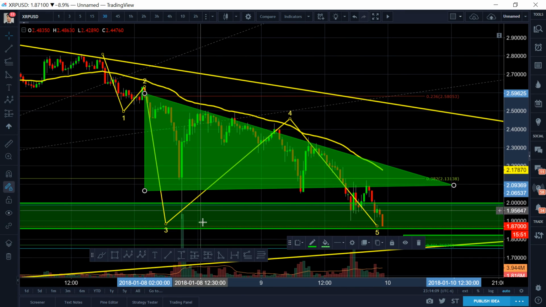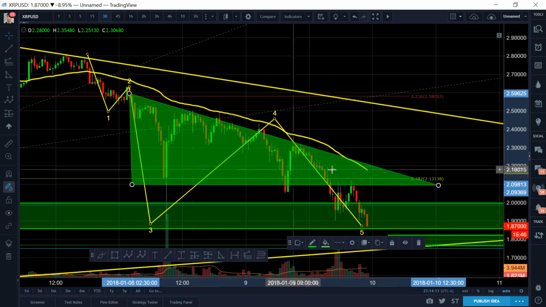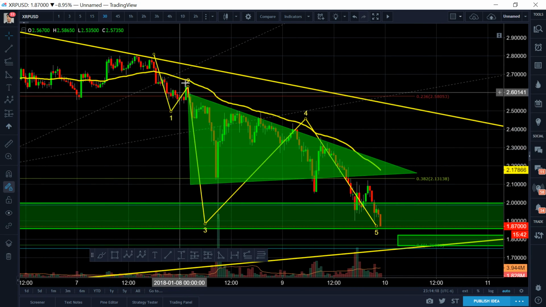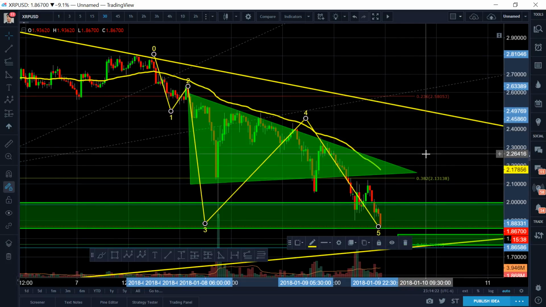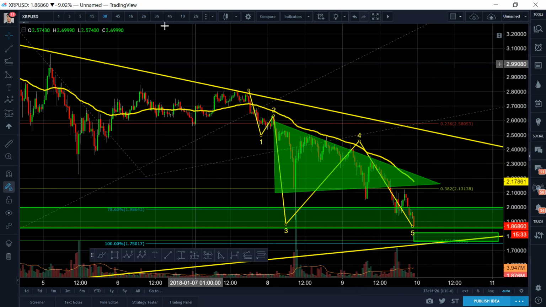So this one right here, for the 3 to 4, made pretty much an A, B, C, D, E. So we have 1, 2, 3, 4, and then the final 5th wave is making its way down right now to one of these buy zones right here.